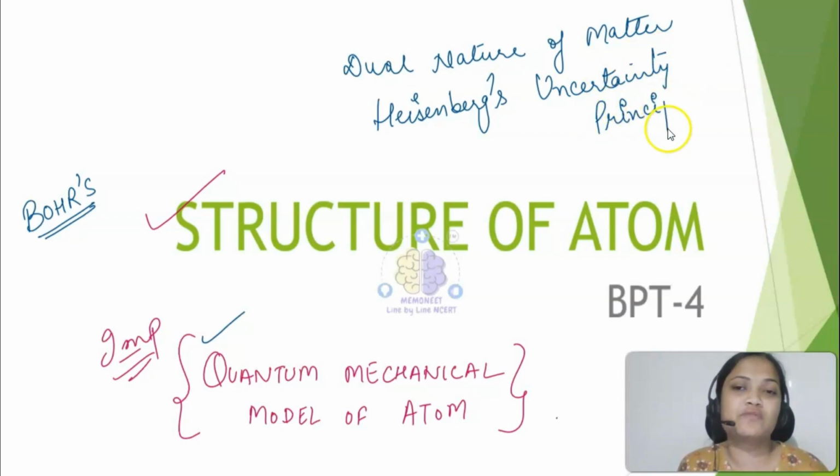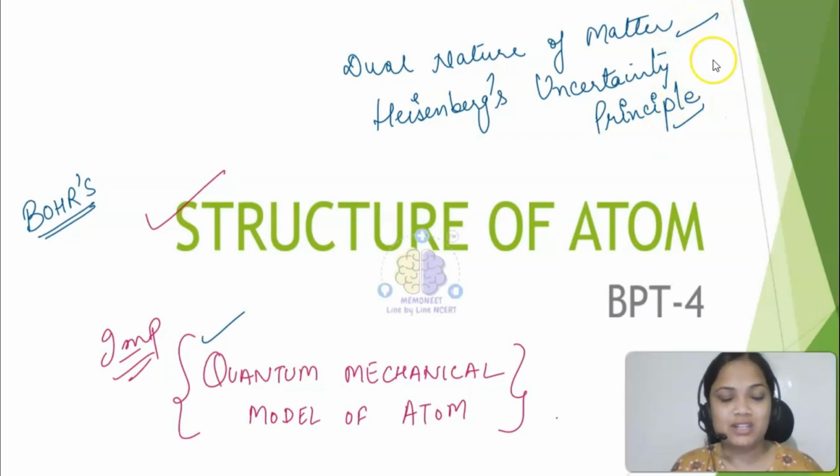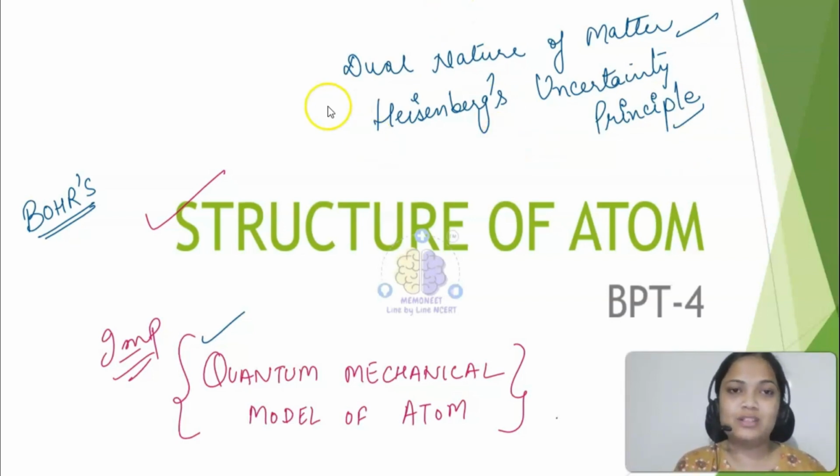In this session we will see the dual nature of matter as was suggested by de Broglie, and then Heisenberg's uncertainty principle, which led to the discovery of the quantum mechanical model, because Bohr's model could not explain these things. So let us first start, students, with the dual nature of matter.